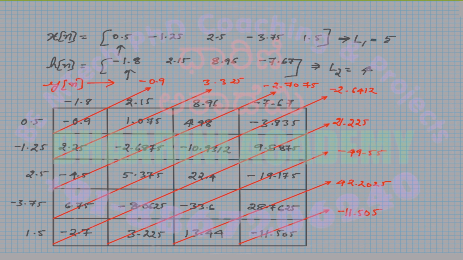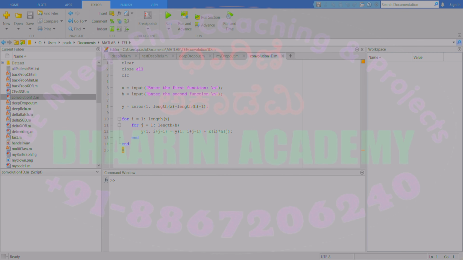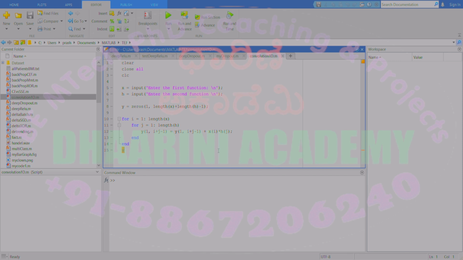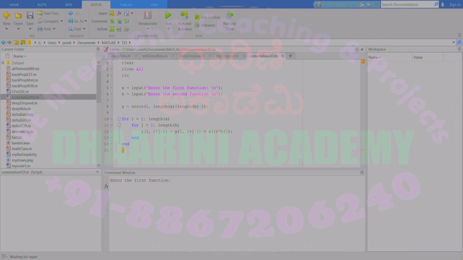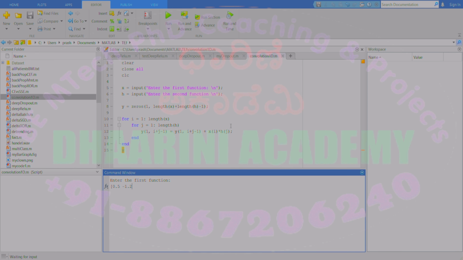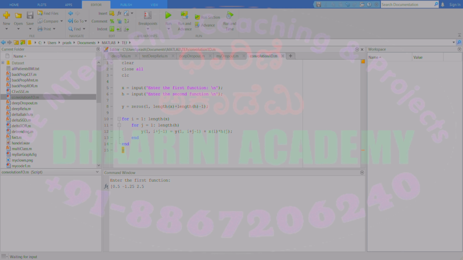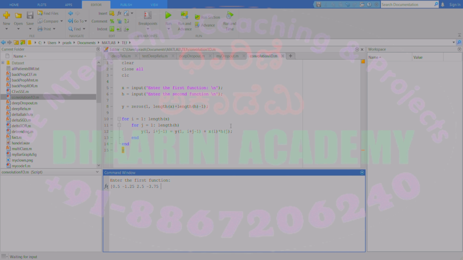All right, so let's just verify whether the code we have already written is going to give you the right answer. Okay, so let me just run this. It's asking to enter the first sequence. Okay, so the first sequence is 0.5, minus 1.25, 2.5, minus 3.75 and 1.5.